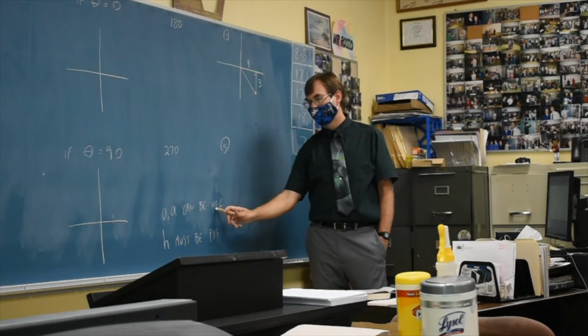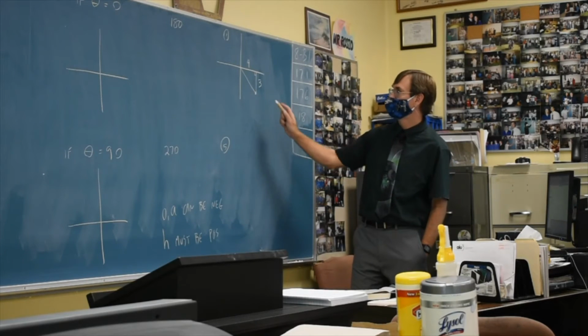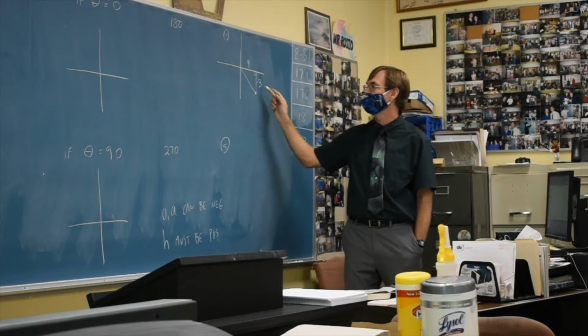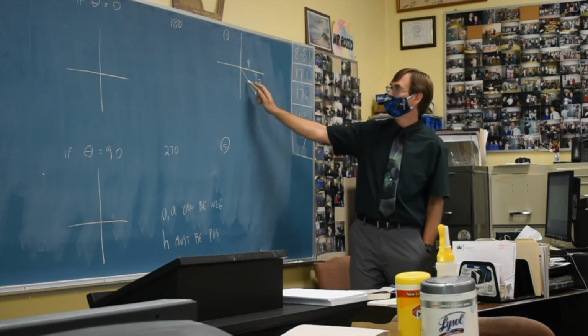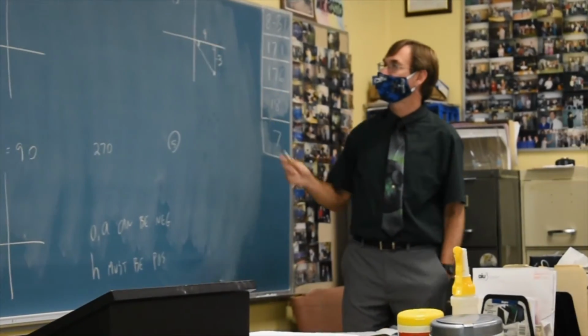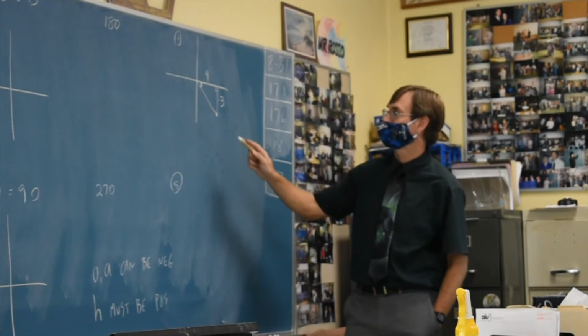Are either of those going to be negatives? The 3. Anything that goes down or goes left is going to be negative in our world. This is the angle we care about. The angle we care about is called the reference angle from the old homework. It always touches the x-axis.